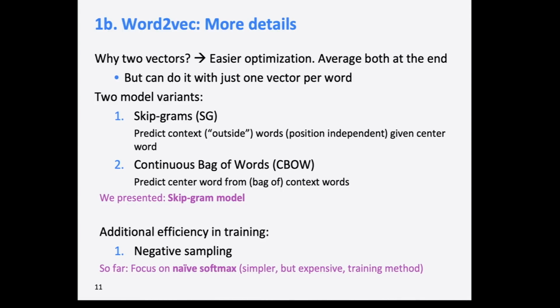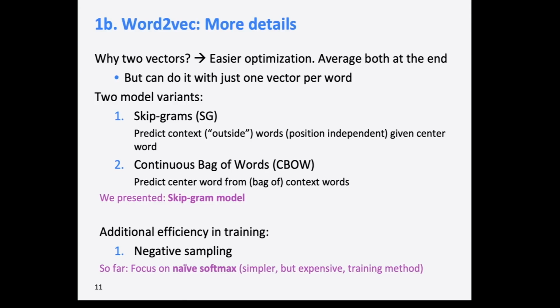What I presented was the skipgrams model: you've got one center word, and you're trying to predict all the words in context one at a time. For the continuous bag of words model, it's the opposite. You've got all of the outside words, considered independently like a naive Bayes model, and you use them to predict the center word.